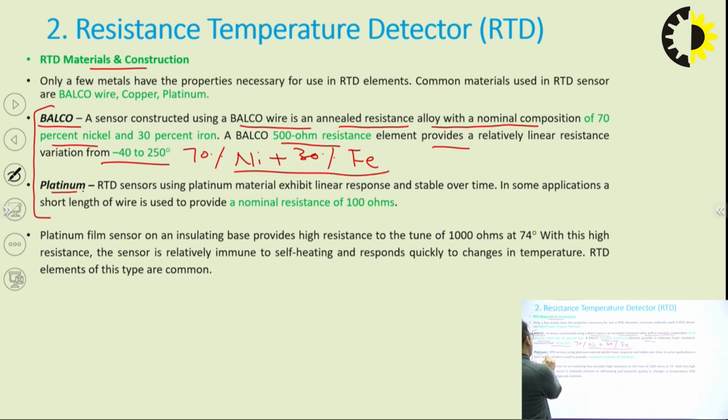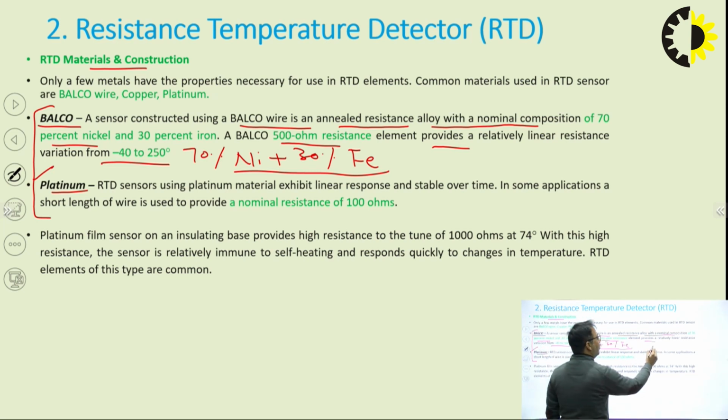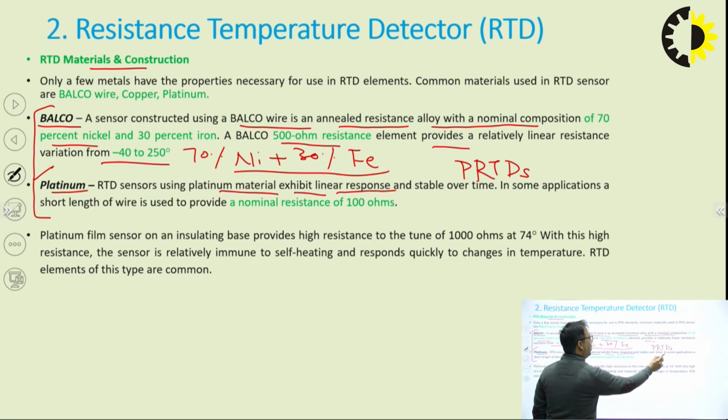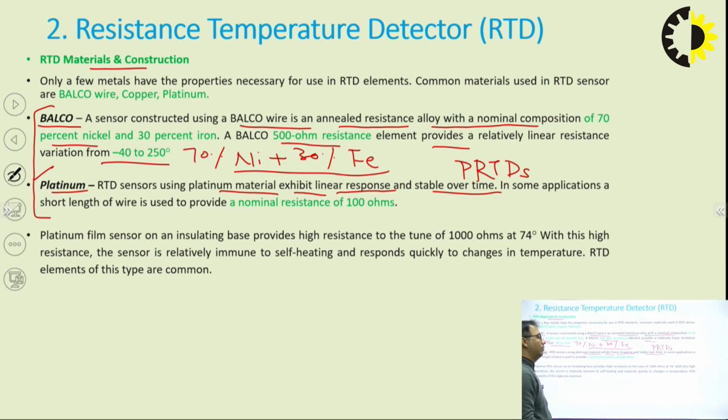But next is platinum. This is a highly used sensor in industrial applications. So sometimes it is also referred to as PRTDs, that is platinum resistance temperature detectors. Because this possesses a linear response and is stable over time, it does not deteriorate very easily with the passage of time.